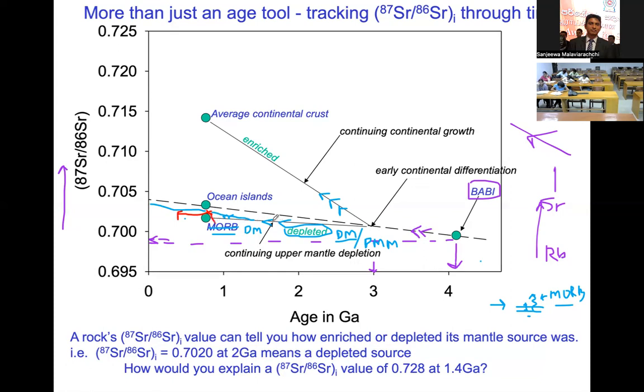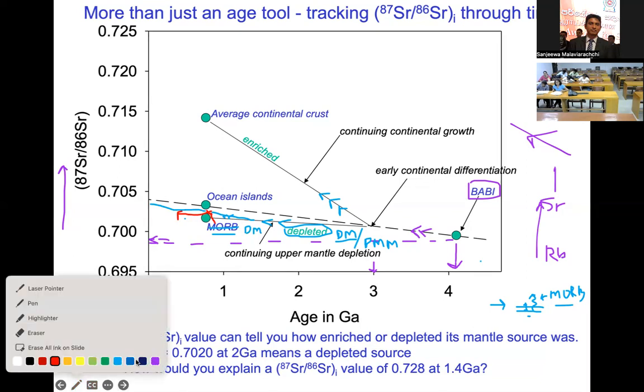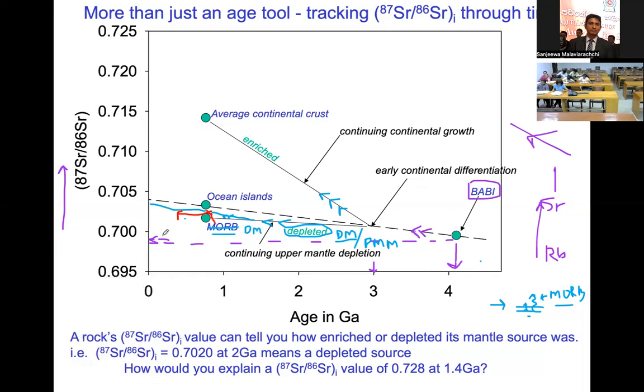You can still take the black line as the depleted mantle evolution line, which you can show maybe like this. Okay, so slightly below the MORB line, right?